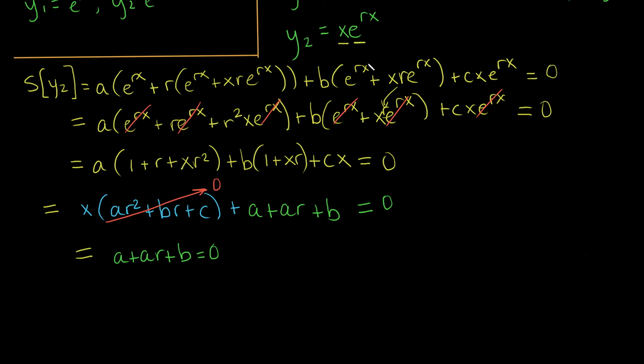When we took this first derivative, e to the rx term, I should have differentiated again to get r e to the rx. So let's just pretend that there was an r there the whole time. And if there was, this is actually ar, which means that we actually get, and this makes a lot more sense to me, 2ar plus b equals 0. Okay, back to the drama.